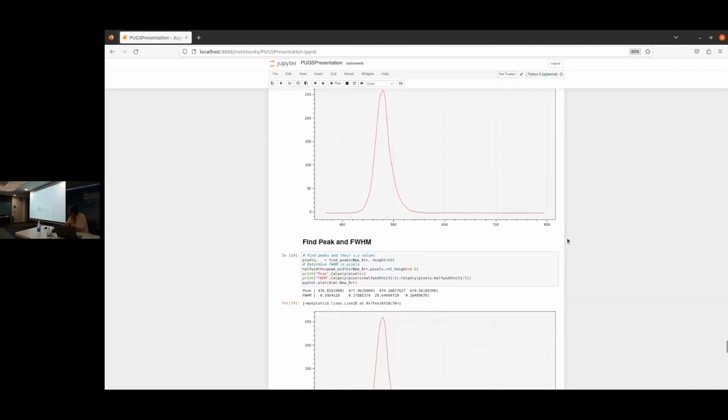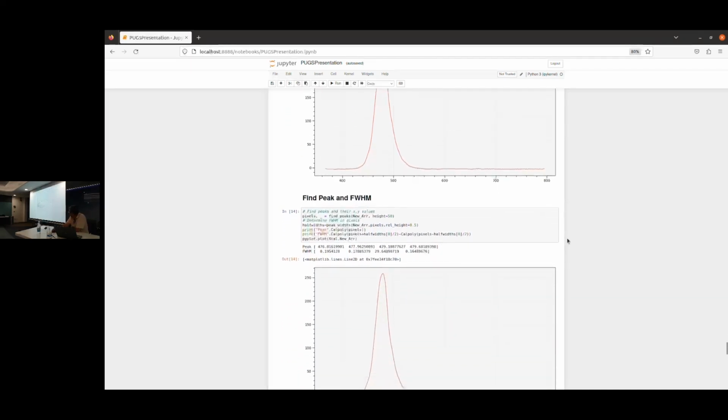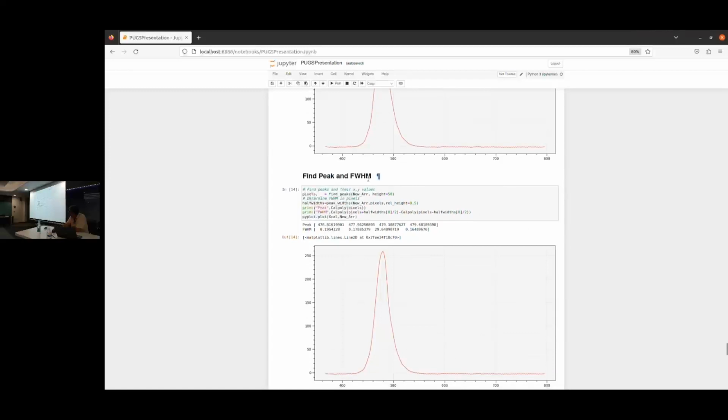And then finally, you might be interested in measuring the peak and the full width at half maximum, which is a way of specifying how wide the peak is, how narrow, how wide it is. So again, in Python, in my case, I've used some functions available from SciPy, find peaks, and that works pretty fine.